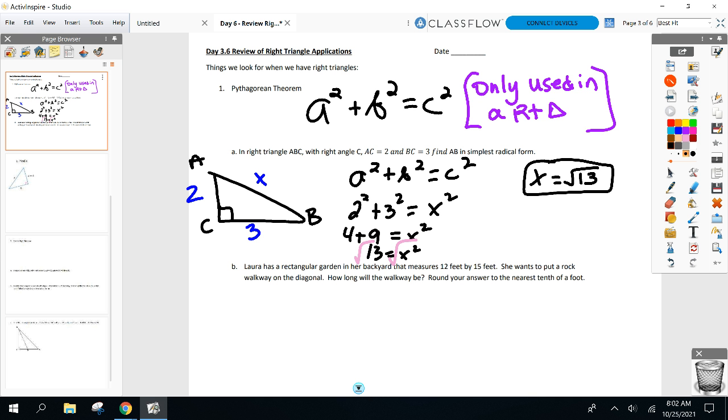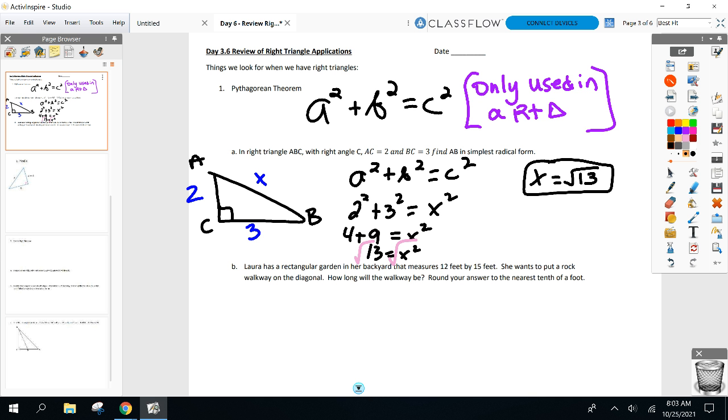All right, B, go ahead, make yourself a 12 by 15 rectangle. And then it looks like we have a walkway on the diagonal, so we're going to put a diagonal in. I'm looking for how long is that diagonal?